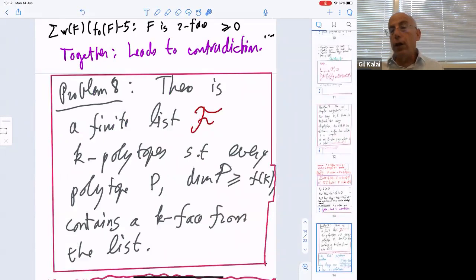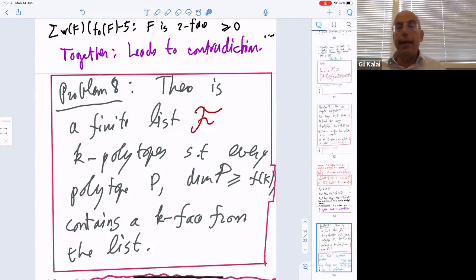And I should mention a weaker conjecture than the cube simplex conjecture: that there is a finite list of k-dimensional polytopes, such that every polytope P of sufficiently large dimension contains a k-dimensional face from this list.